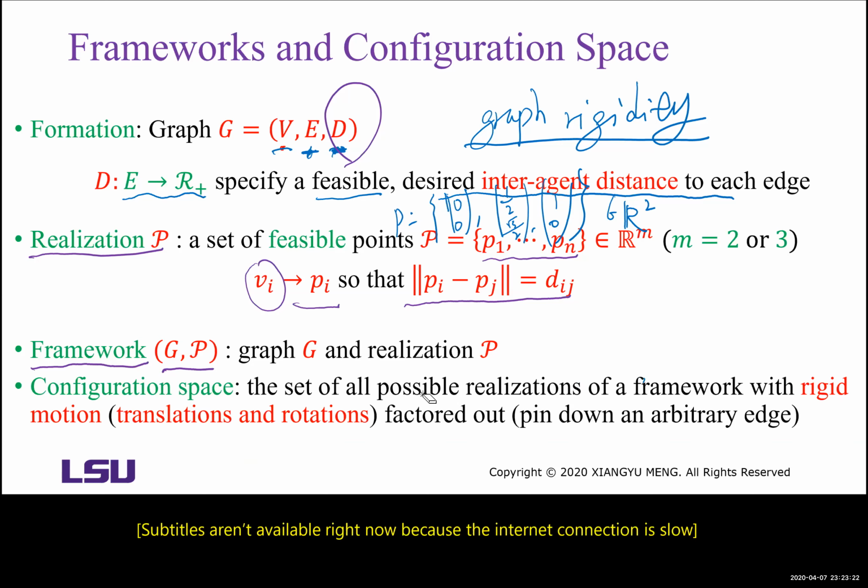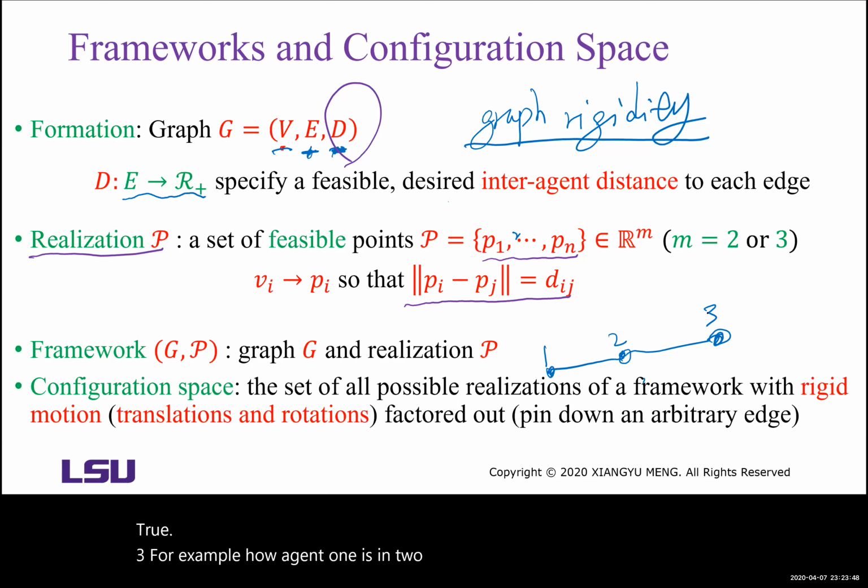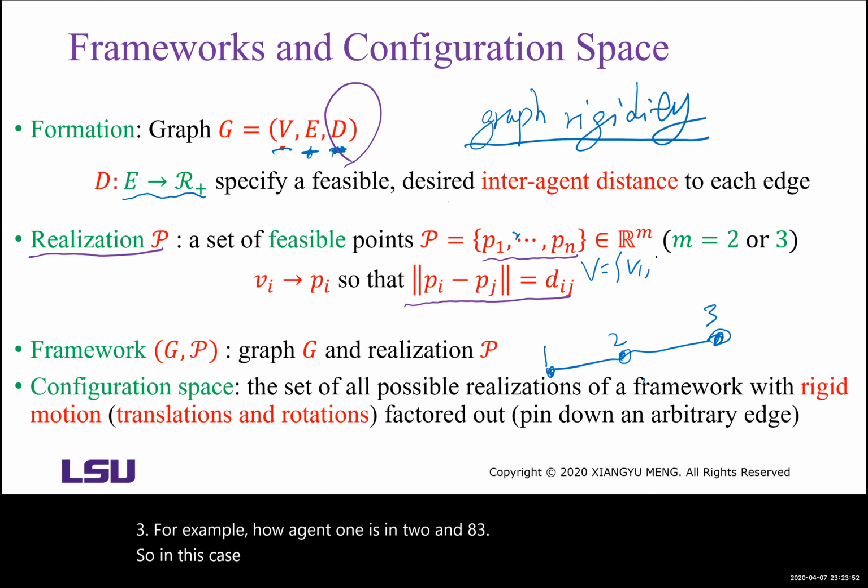Now let me give you another example. Still in this case, we have agent 1, agent 2, and agent 3. So the V is still V1, V2, and V3.